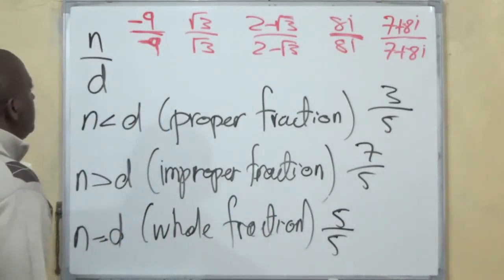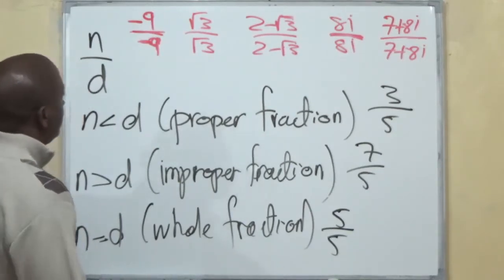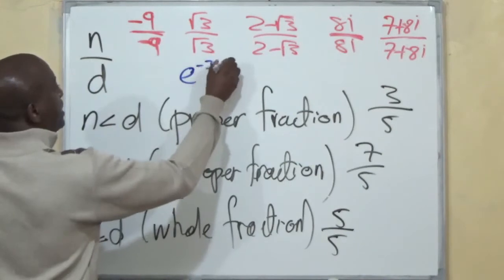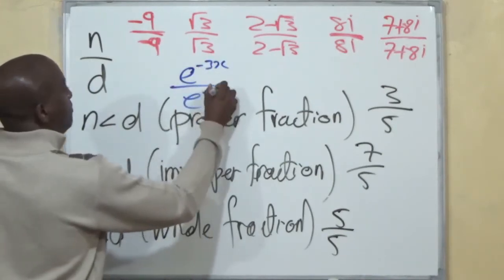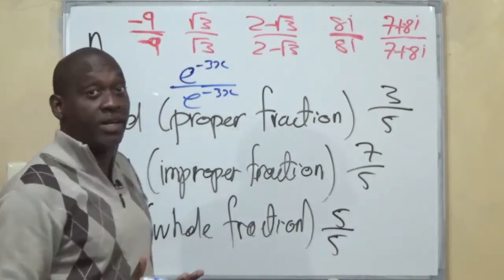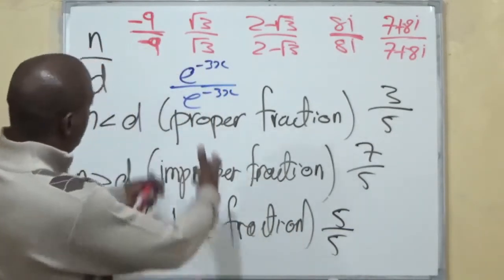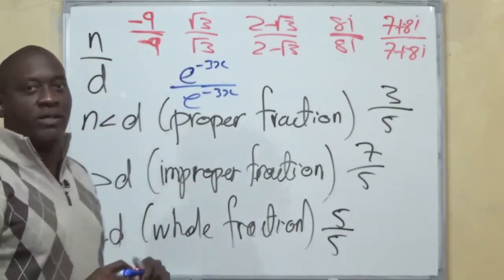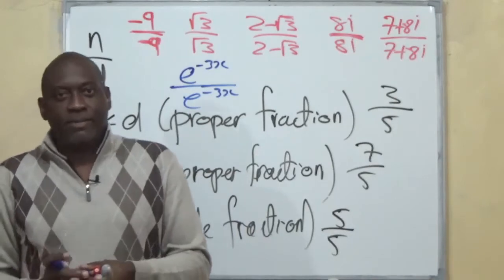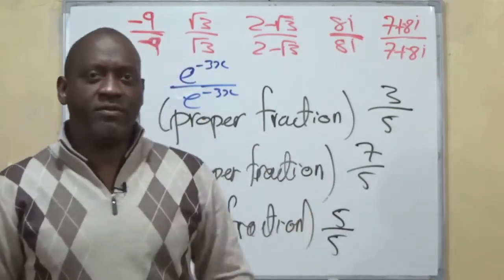How about an exponent? Let me switch the color of the ink now. We could say e to the power of minus 3x over e to the power of minus 3x is equal to 1. That's a whole fraction too. There are situations where you might want to express the number 1 as a numerator and a denominator, where the numerator and the denominator are in exponential form.